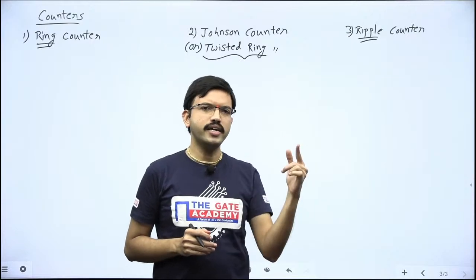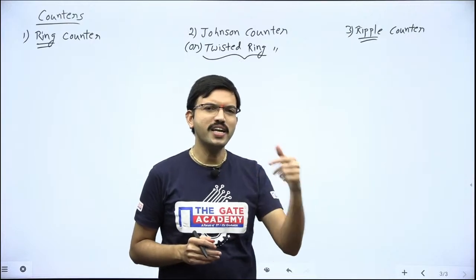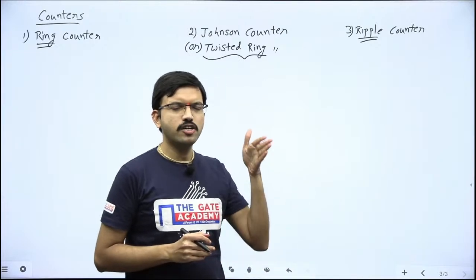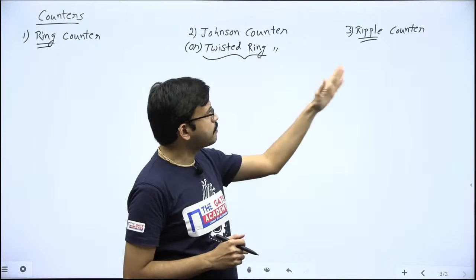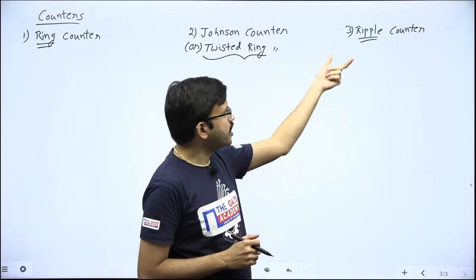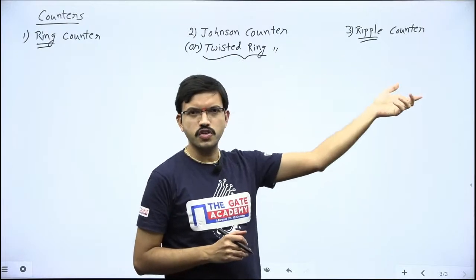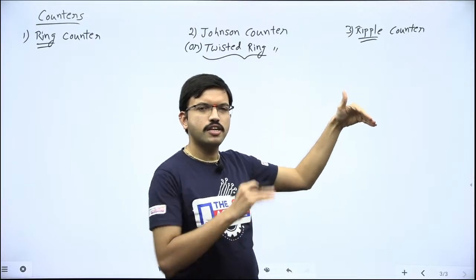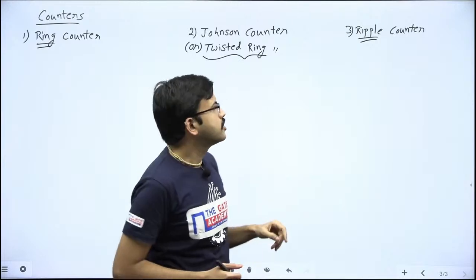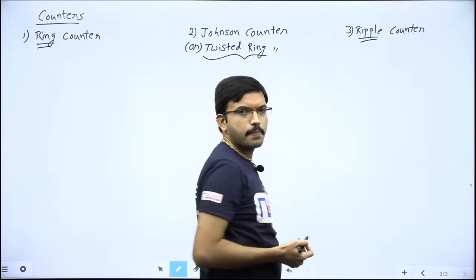So in binary adders we have the ripple carry adder, where the carry output of one stage we give as the carry input for the next stage. Similarly in the ripple counter, the asynchronous counter, we use T flip-flops and the output of one stage is given as the clock signal for another stage. According to that we have given the name ripple counter.